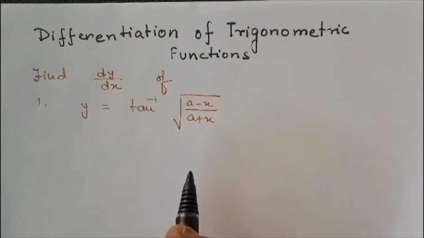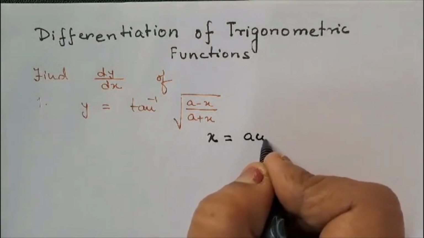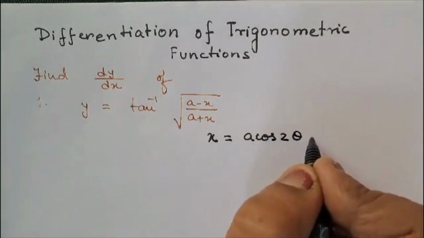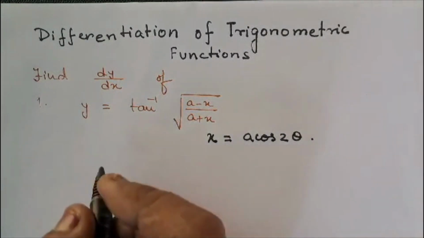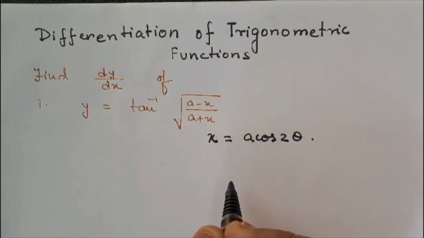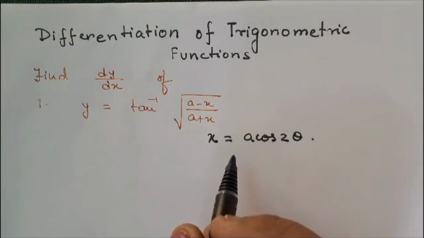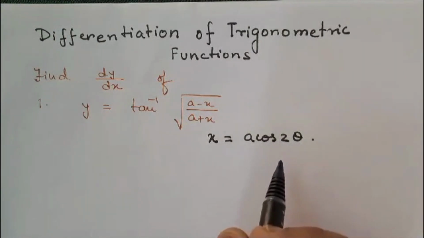So in this case I am taking x as a cos 2 theta. Now you have to be very thorough with your inverse trigonometric functions formulas, so that you can understand which trigonometric ratio you have to substitute.